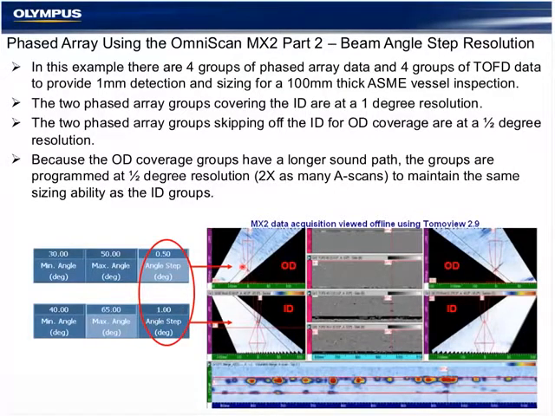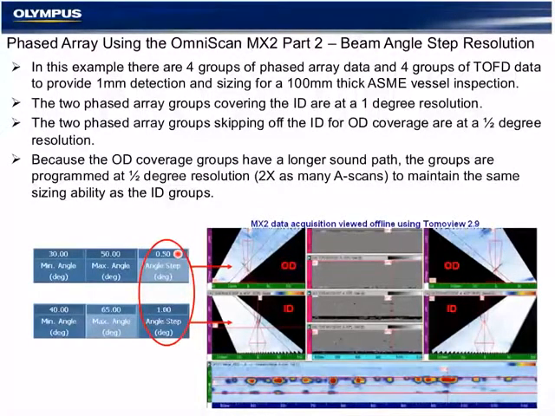The upper coverage is bouncing off of the bottom of the vessel and inspecting on the second skip. So it has a longer time of flight and greater beam divergence between every 2 A scans. So we improve the inspection on the second leg by using a 1/2 degree step resolution for the sector scan.